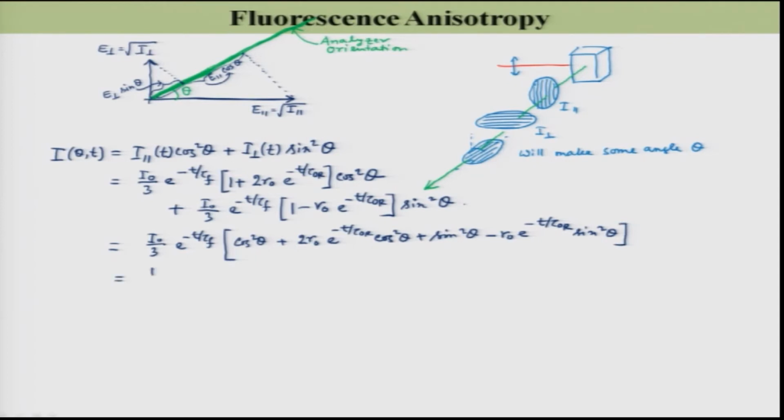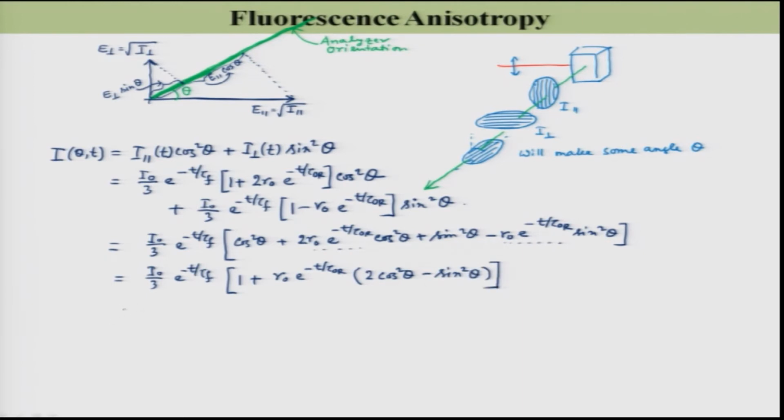So I can rewrite this as I 0 by 3 e to the power minus t by tau f, and this is a very important thing I am doing now. Here you see cos square theta plus sin square theta, so I have 1 plus, and let me take r 0 e to the power minus t by tau r, and then this will be 2 cosine square theta minus sin square theta.